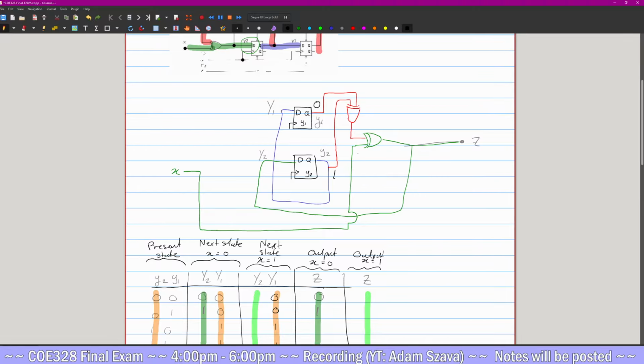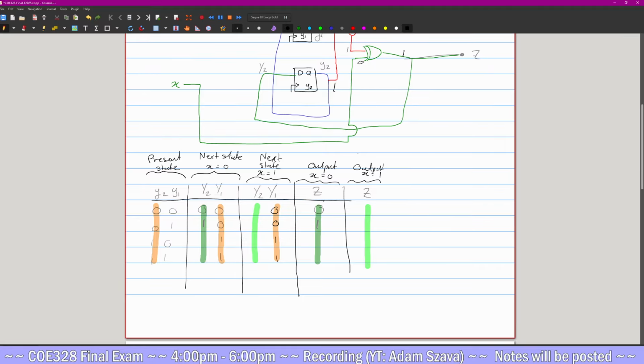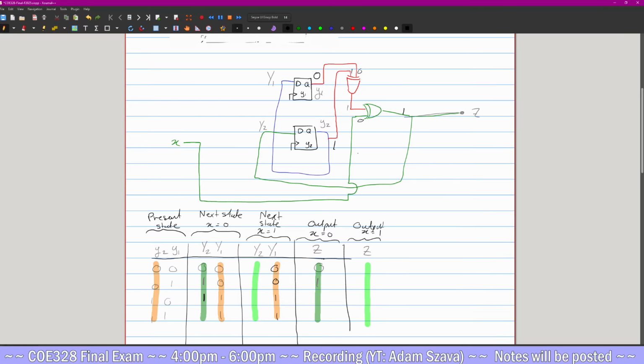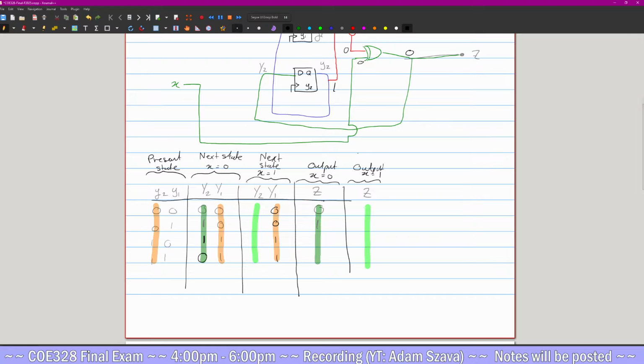So this is 1, 0, which is 1, and so this is 1 again, because this input is 0 here. And then finally, if it's 1, 1, then both of these are 1. So this is also a 1, and this is 0. 0 XOR 0 is 0. So we can fill this in at the same time.